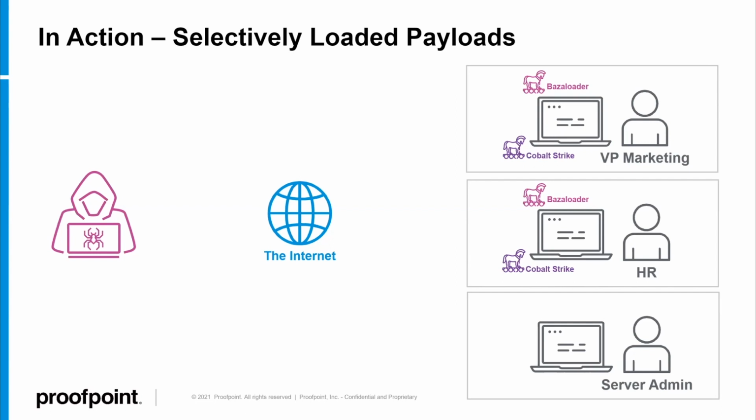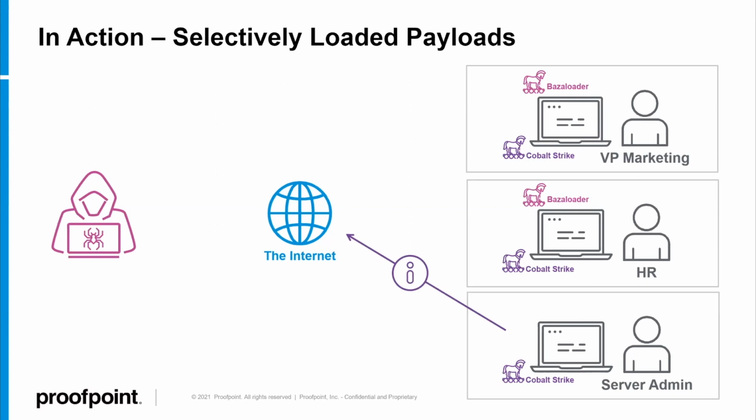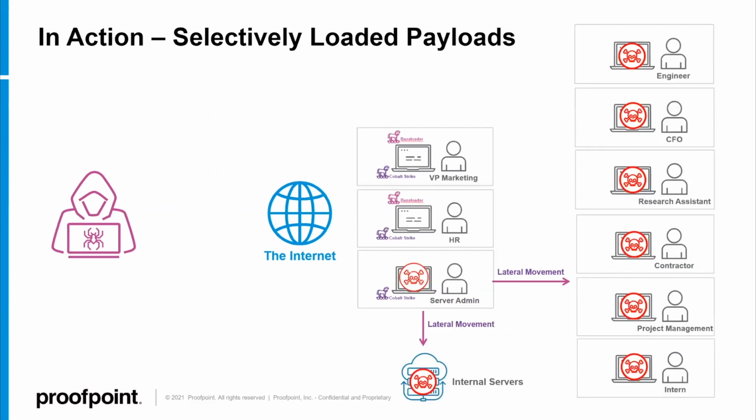So now we have 2 pieces of malware on the system and still no ransomware. But the strength of Cobalt Strike is that it can move laterally through networks. It can elevate privileges. It can scrape and harvest credentials. And so by virtue of Cobalt Strike being on these other machines, the threat actor is able to pivot and actually compromise the server administrator's machine.